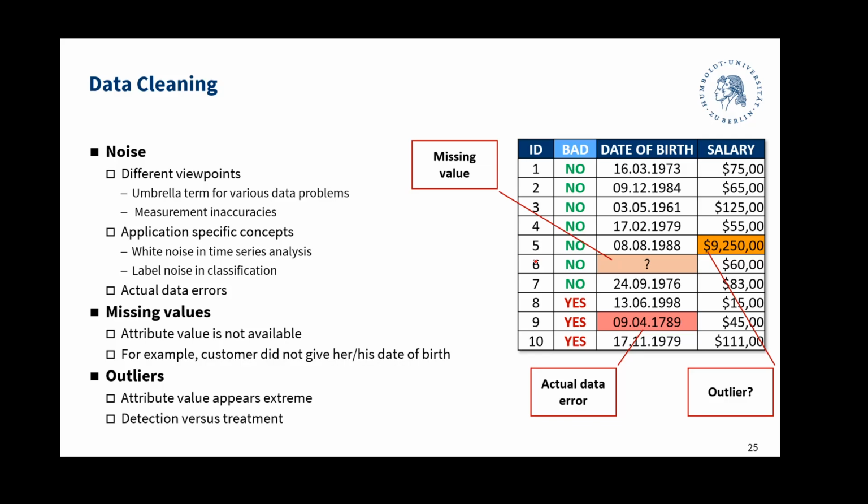Normally we would need to go back to the data owner, or ideally those who were capturing that data. Maybe there is a way to go to marketing or sales and try to identify who this person, customer number 9, actually is. And then maybe there is a way to correct the error. Very often this will not be the case, and then we can just delete the value and treat this as a missing value.